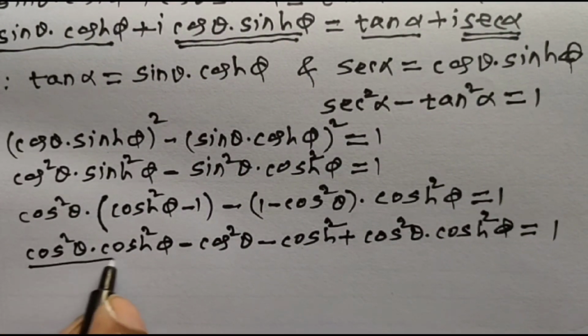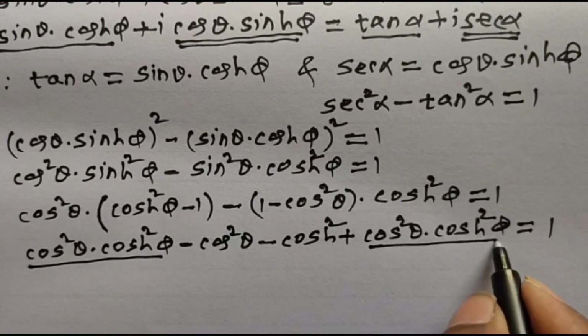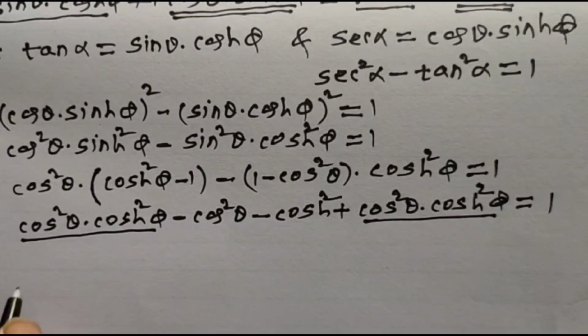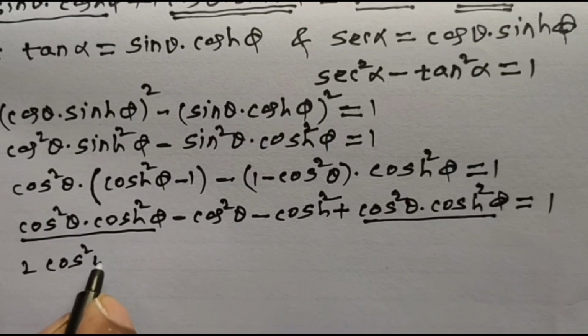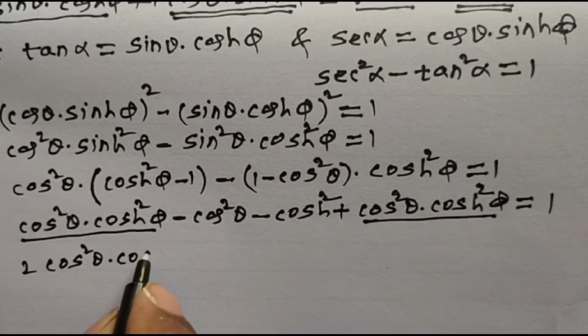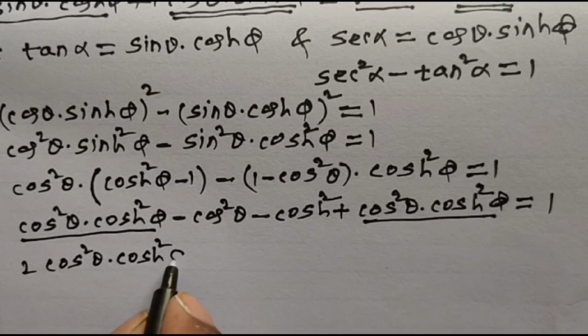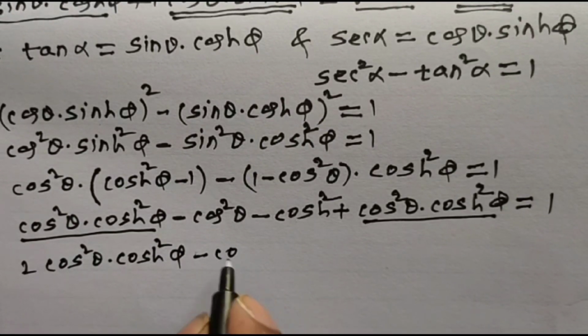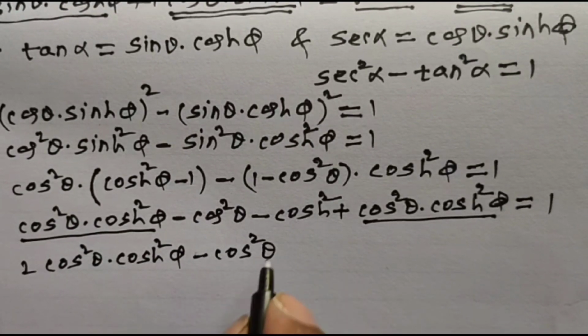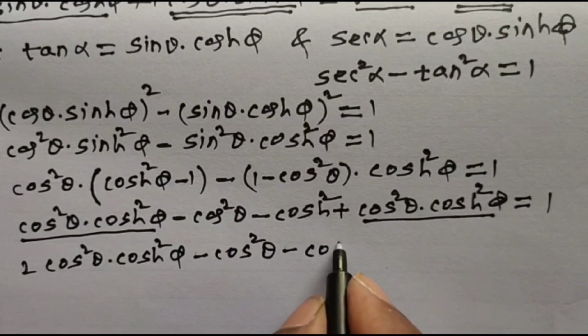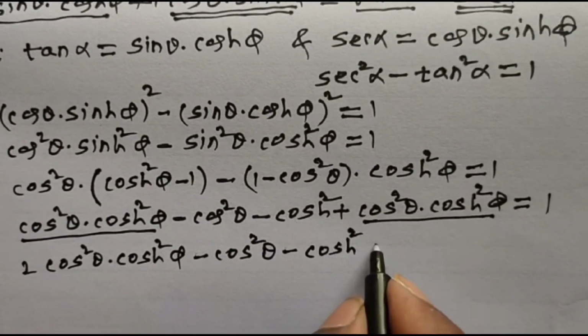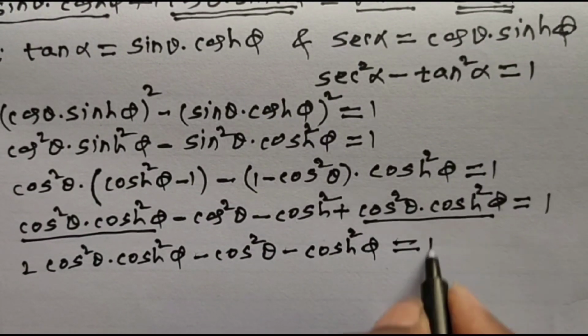Now we can collect this term and this term. Then we can write this as 2 cos²θ cosh²φ − cos²θ − cosh²φ = 1.